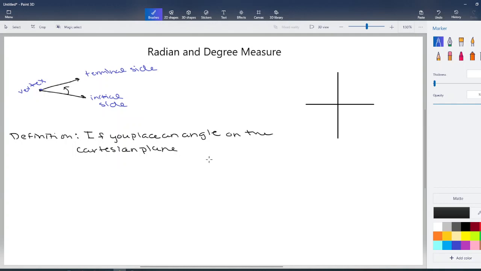So we're going to place the angle into the Cartesian plane. So the Cartesian plane is just the normal XY grid that you guys use to graph. So how we're going to place it into the plane is with the vertex at the origin, and the initial side along the positive x-axis.